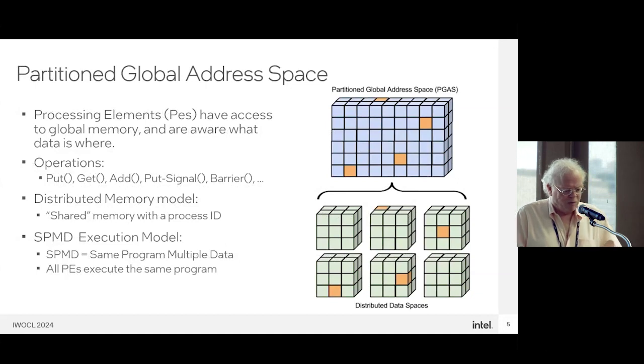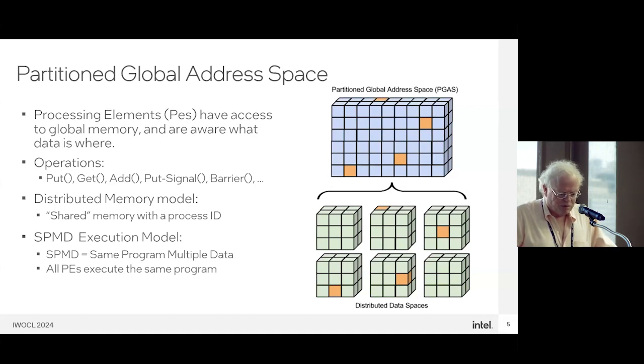This may be an unfamiliar term, maybe not: partitioned global address space. The idea is that the program is aware that every node in the distributed program has its own memory, but it's organized such that you can distribute large data structures across the machine with pieces of it on every node.